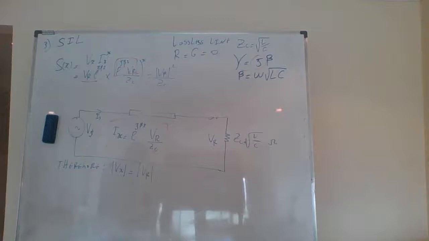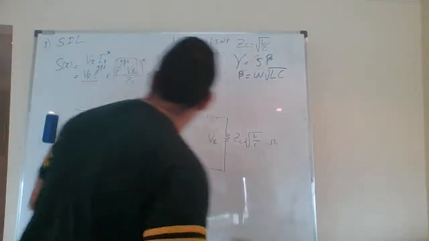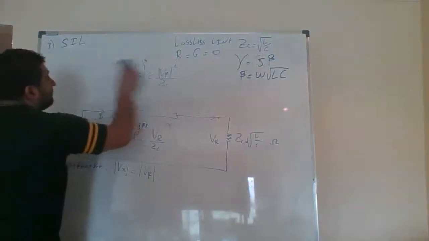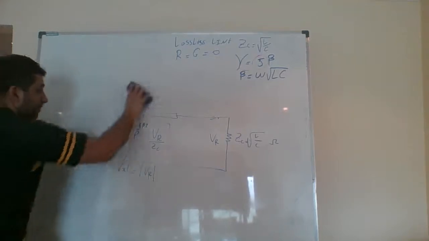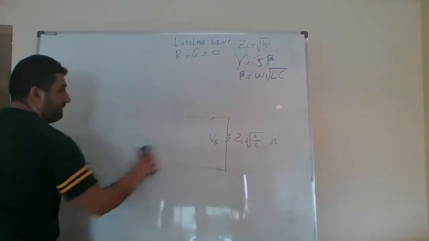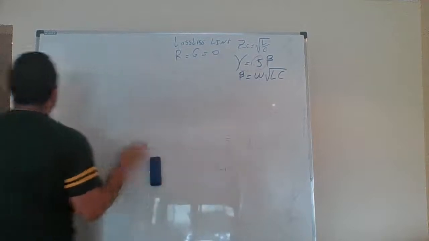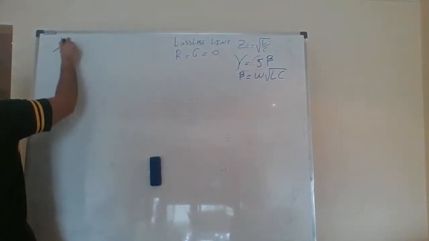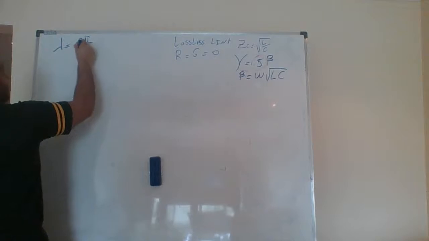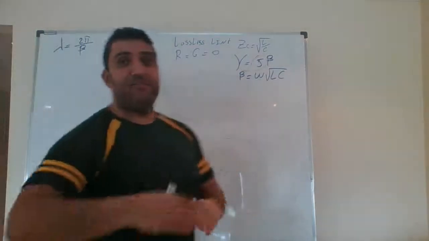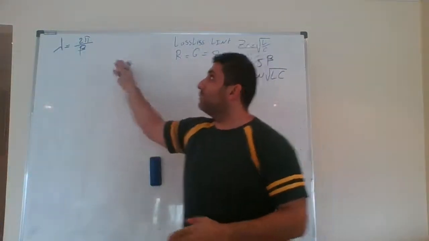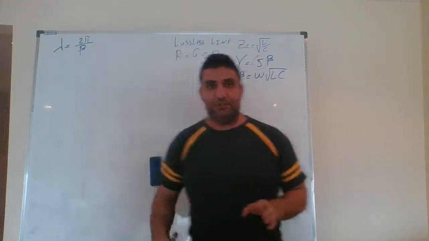We missed doing the wavelength. The wavelength of a transmission line is 2 pi over beta. As part of this power system 1 course, we are not going through the calculation of it.